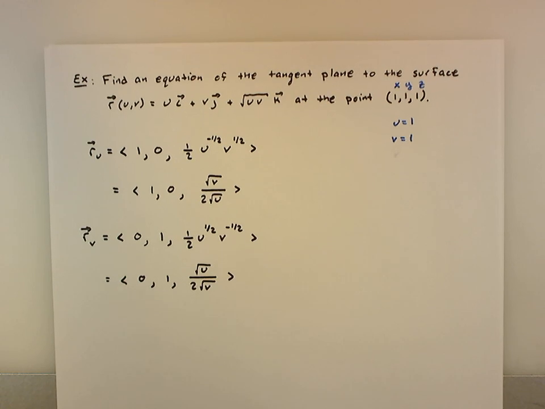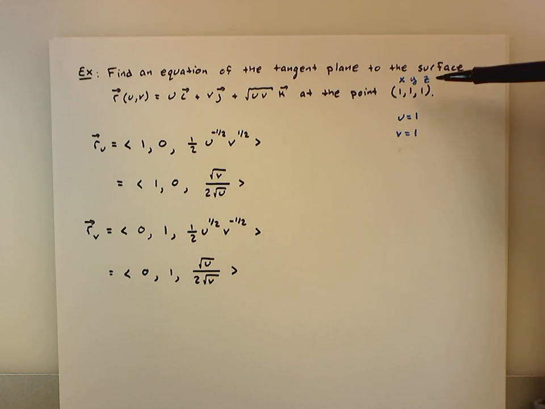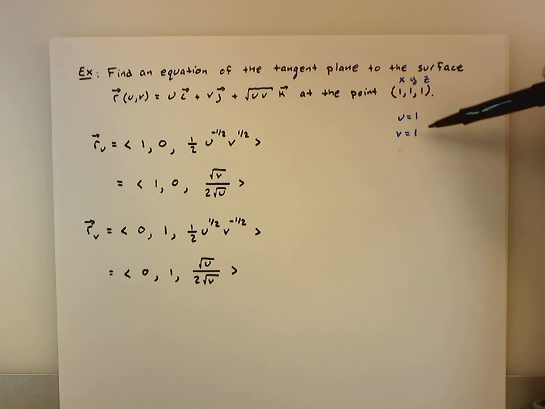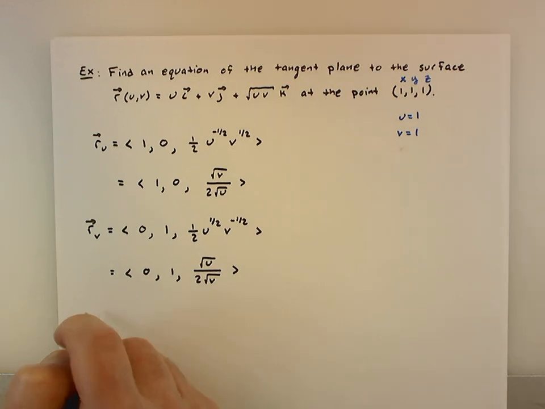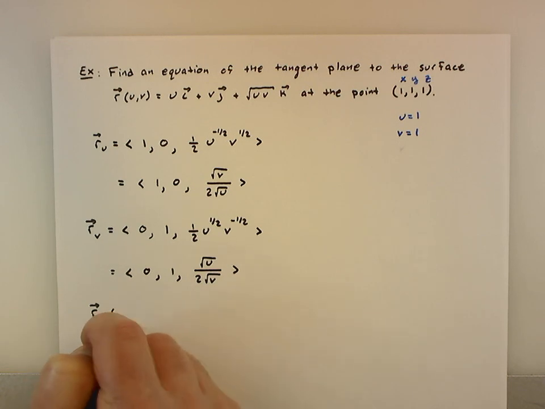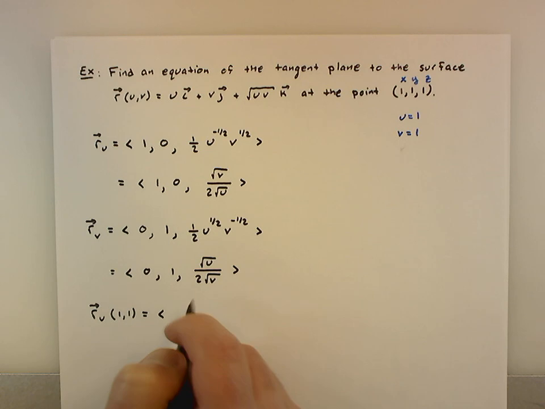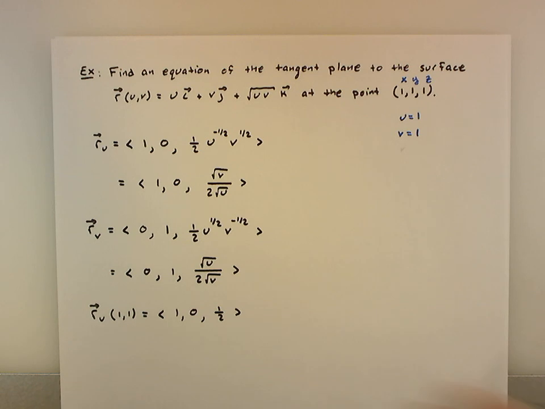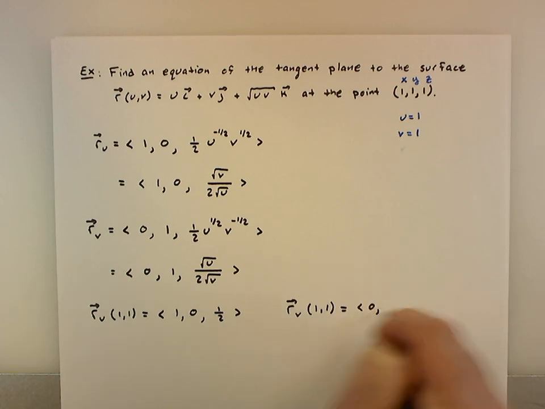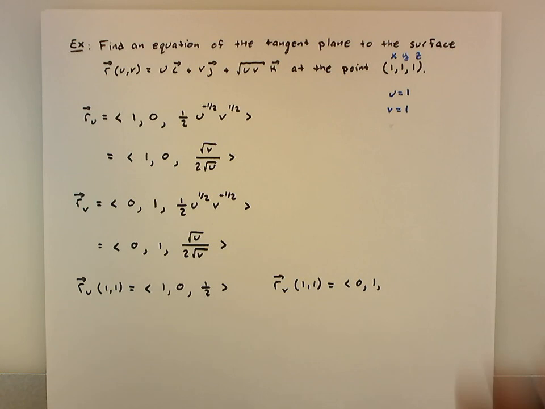And now I need to evaluate both of these at the point 1, 1, when u is 1 and v is 1. So r_u at 1, 1 is 1, 0, 1/2. r_v at 1, 1 is 0, 1, 1/2.